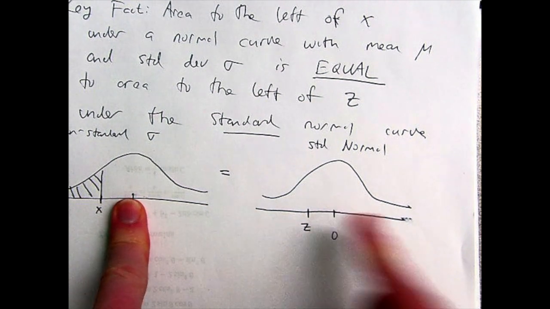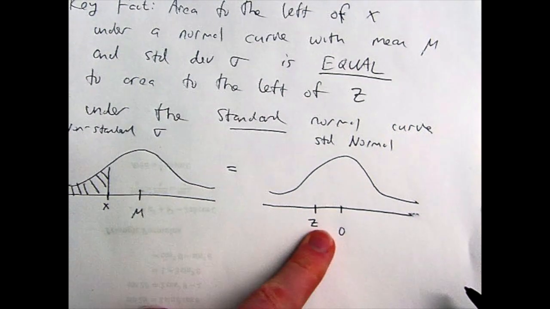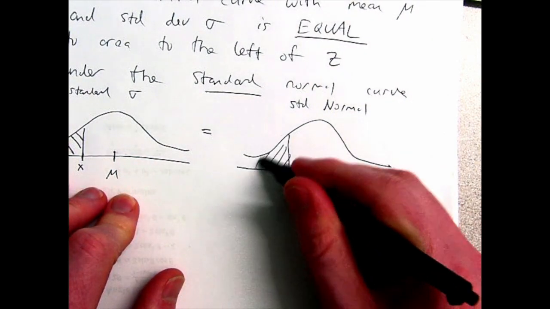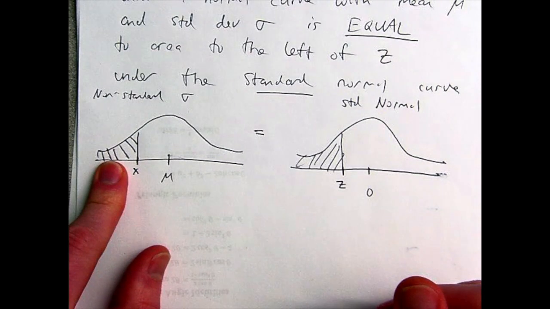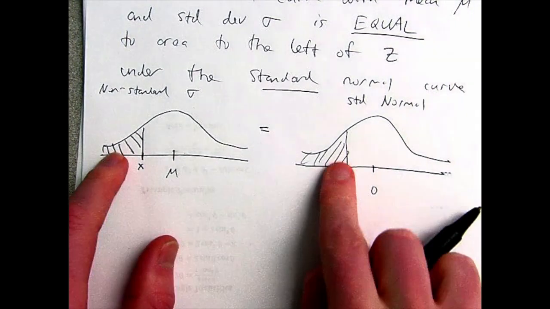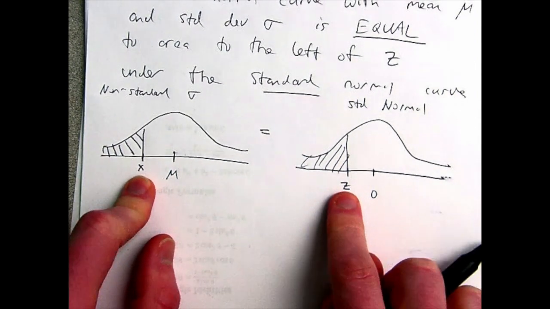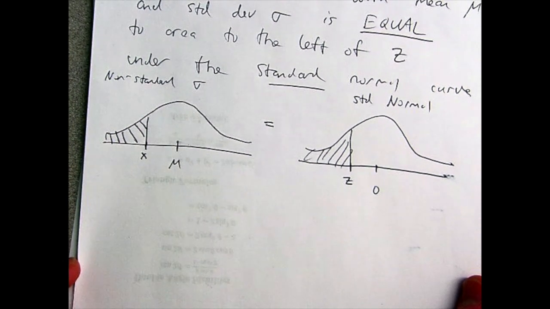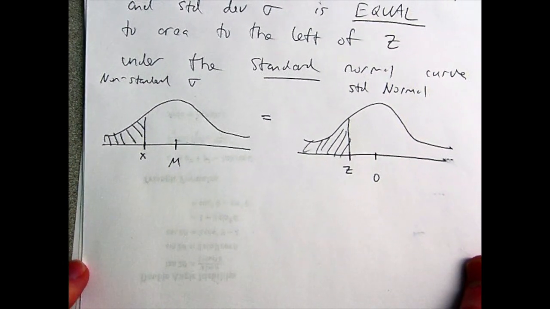The way I drew it, they look pretty similar, but in general they might not look the same. And the idea is that the area to the left of z, given by this formula under the standard normal curve, is actually the same as this area here. Exactly why that's true, it's not exactly obvious. It requires some work to prove. We won't be doing it, but you can just take it as an accepted fact.